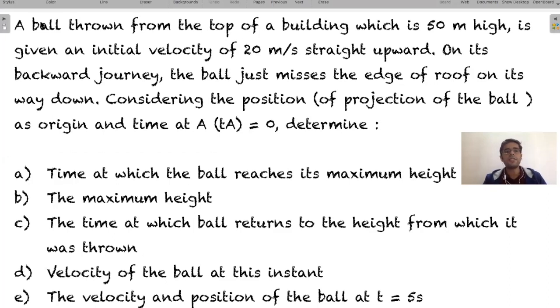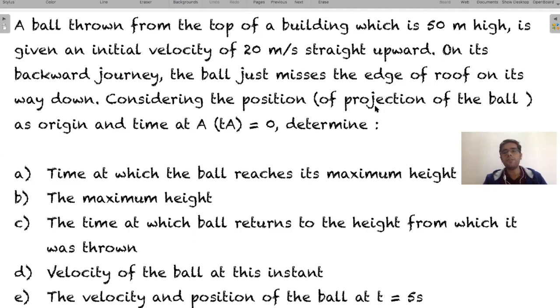Okay, so what the question is saying: a ball thrown from the top of a building which is 50-meter high is given an initial velocity of 20 meters per second, straight upwards. On its backward journey, the ball just misses the edge of the roof on its way down.